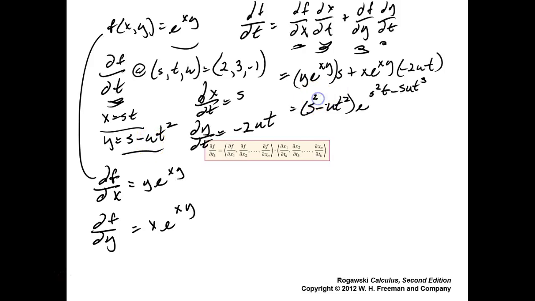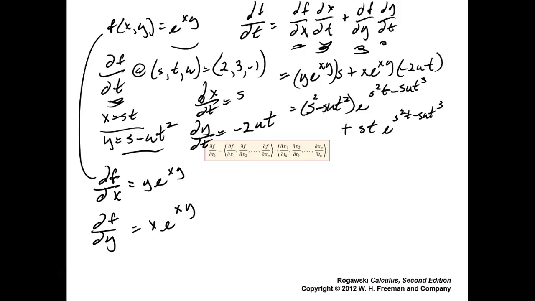So that would be an s squared here and an s there. I think I got that one done. Plus your x is st times, and the e to the xy is the same as what it was before, e to the s squared t minus sut cubed.